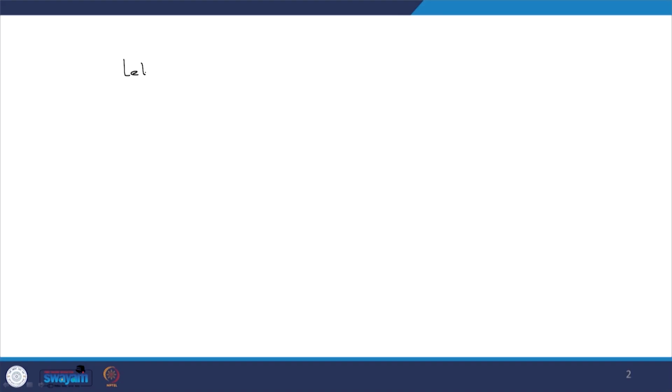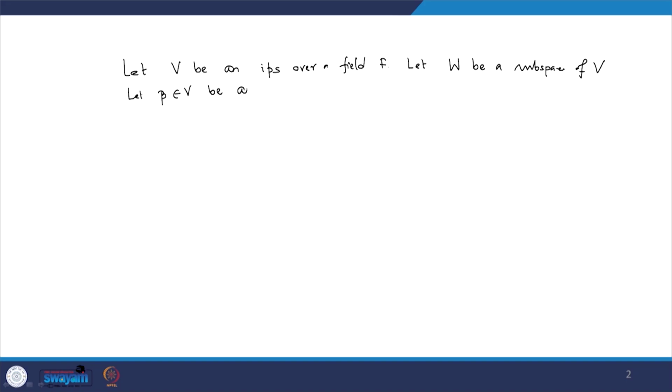Let V be an inner product space (I.P.S.) over a field, either real or complex, that is my capital F. Let W be a subspace of V. Let beta belong to V be any element.